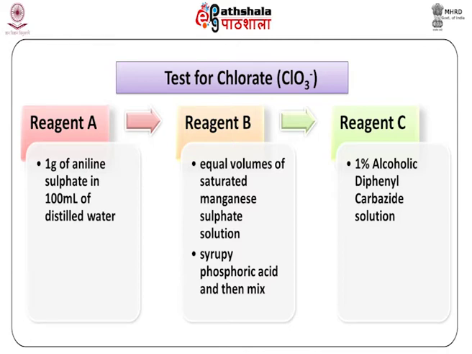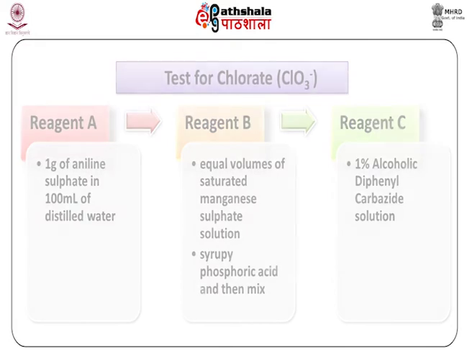Reagent B: take equal volumes of saturated manganese sulfate solution and syrupy phosphoric acid and mix them properly. The solution so formed is labeled as reagent B. Reagent C: a 1% alcoholic diphenylcarbazide solution is used as reagent C.